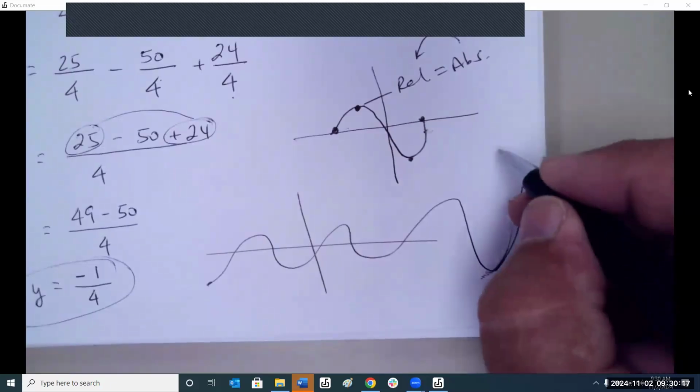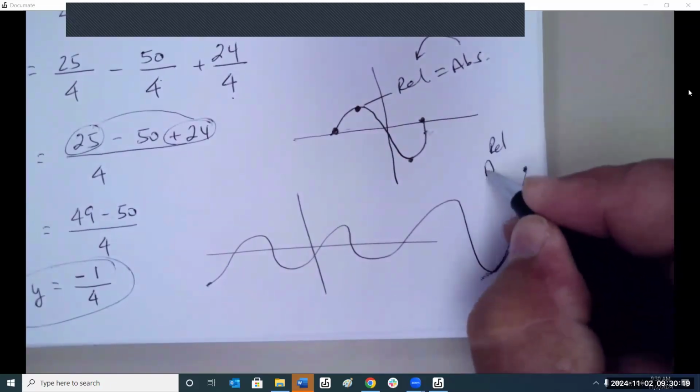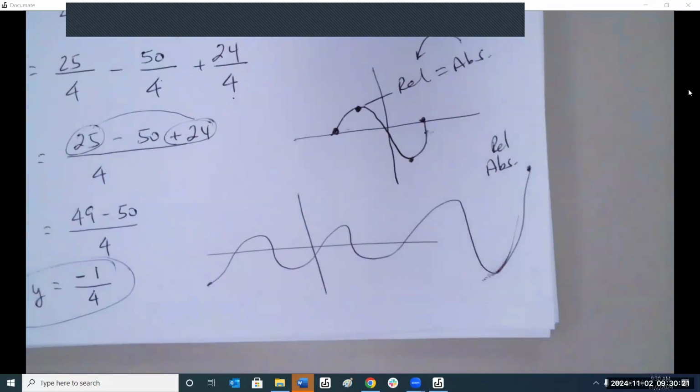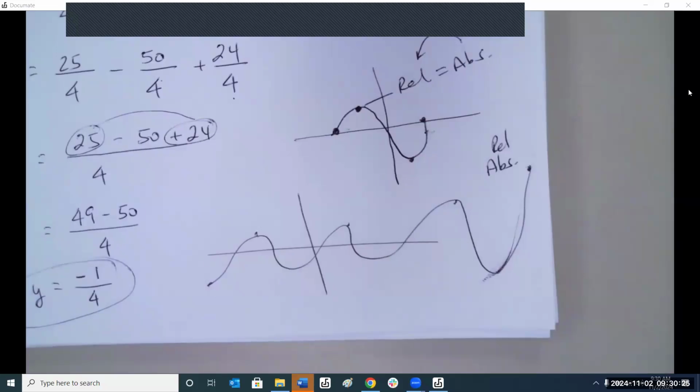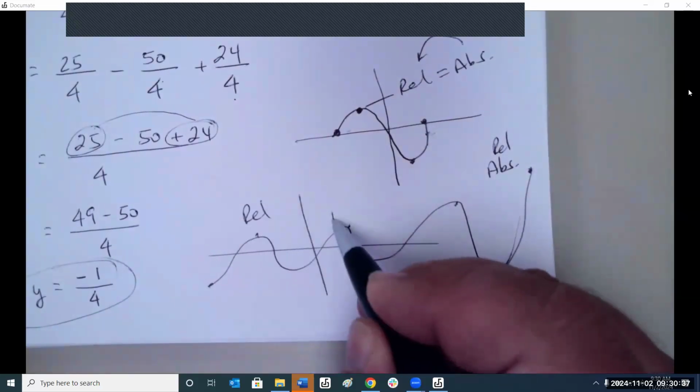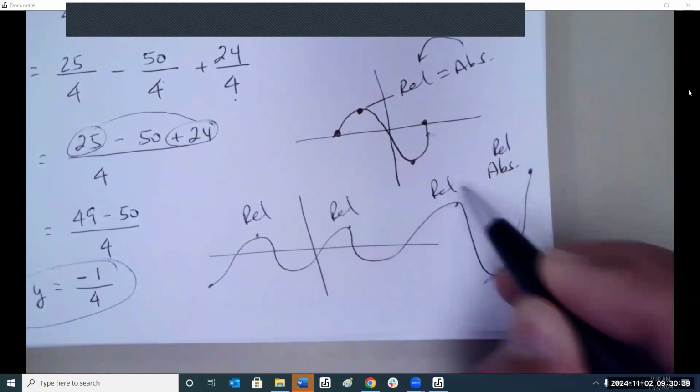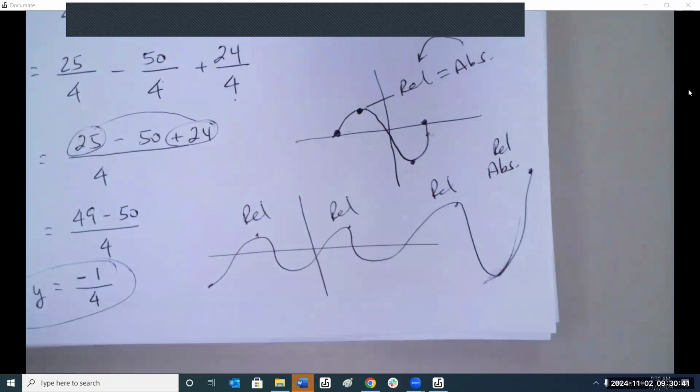So it's relative and absolute. So absolute is automatically a relative, but relatives are not necessarily absolutes. These are all relatives, but there are other ones over the entire picture. Relative simply means over a small domain.